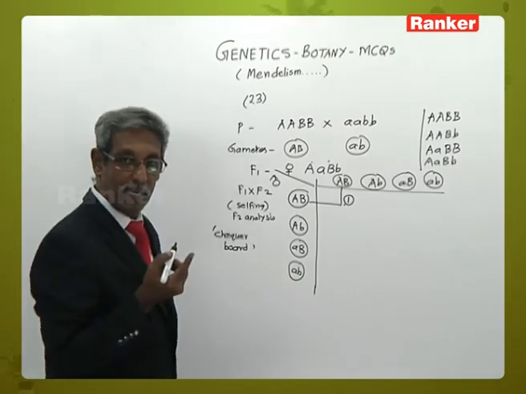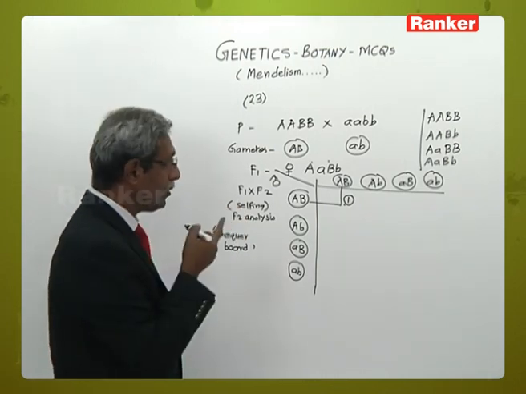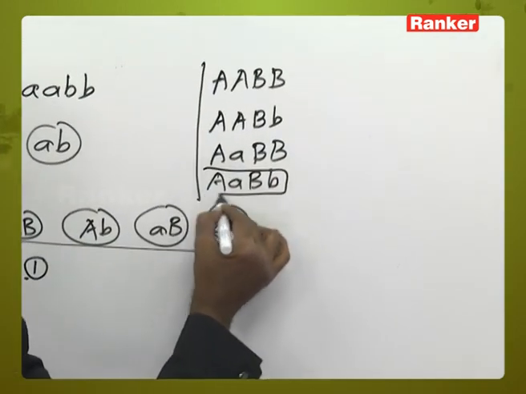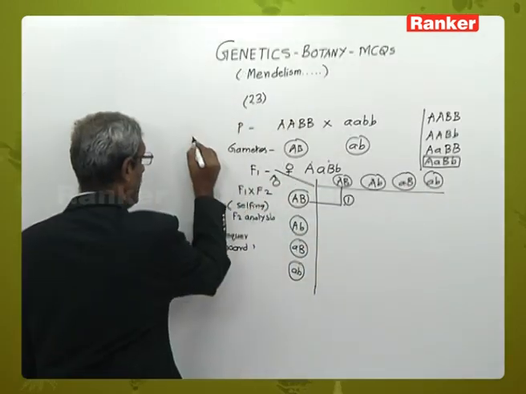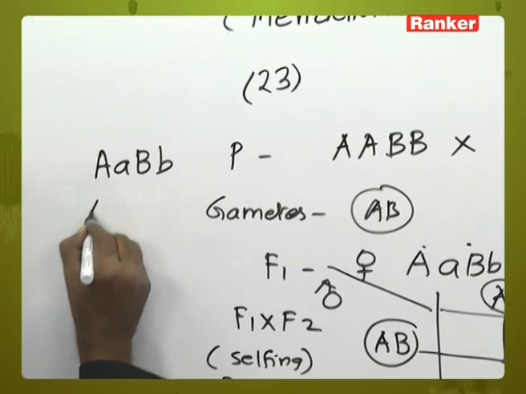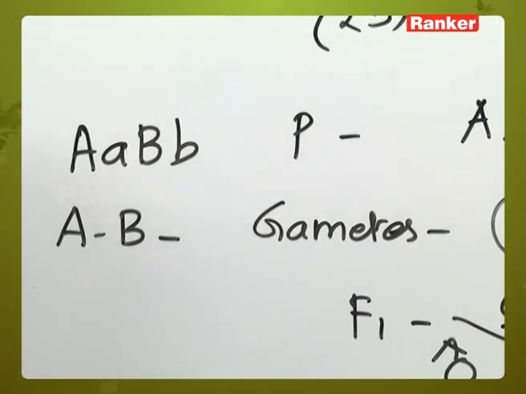And predominantly, when you look at this, the easy way to know about the key to the diagram is to look at the last ratio. It is a capital A, small a, capital B and a small b, or it can be written as capital A dash B dash.